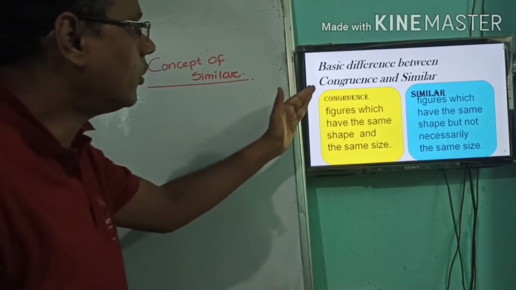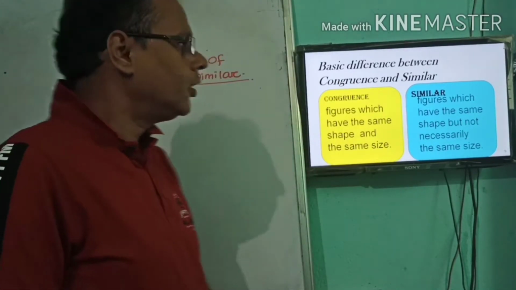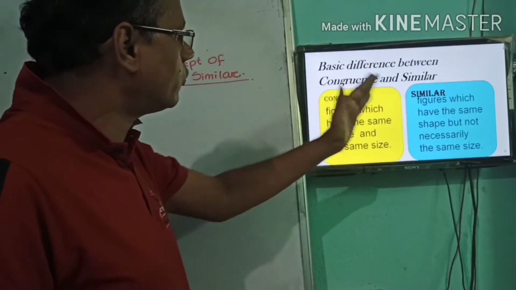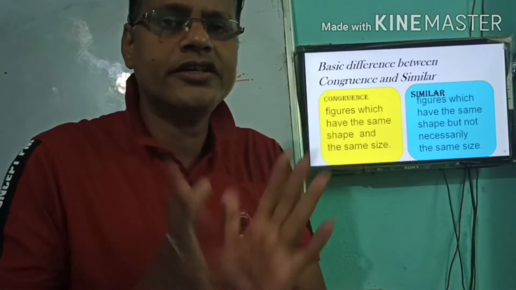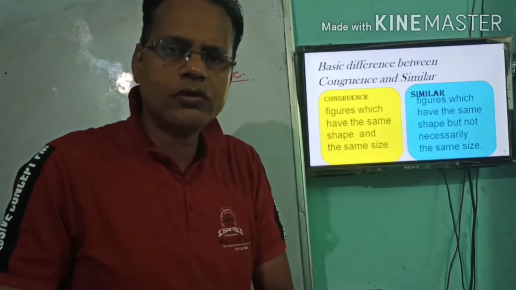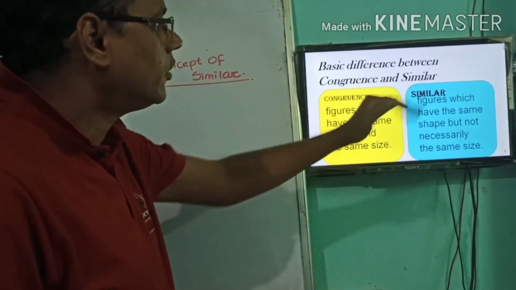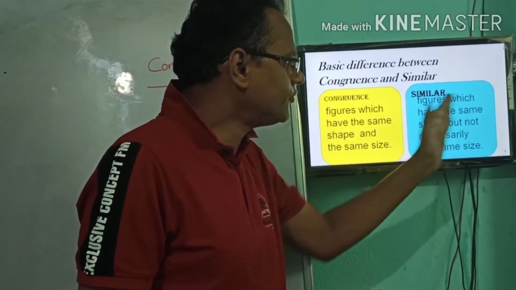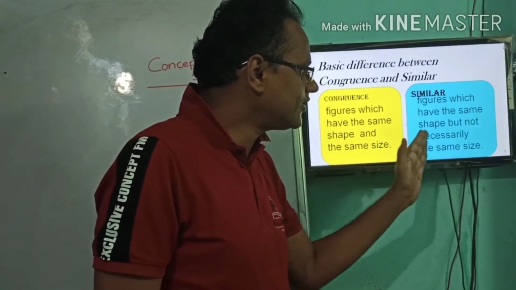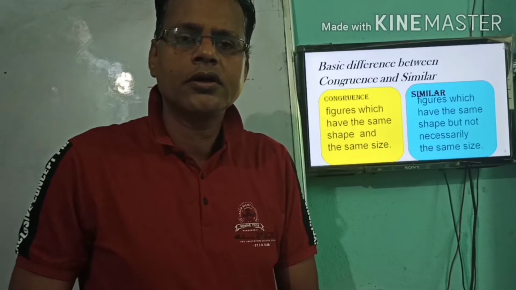And what is called congruence? Figures which have the same shape and the same size are called congruent. And what is called similar? Figures which have the same shape but not necessarily the same size.